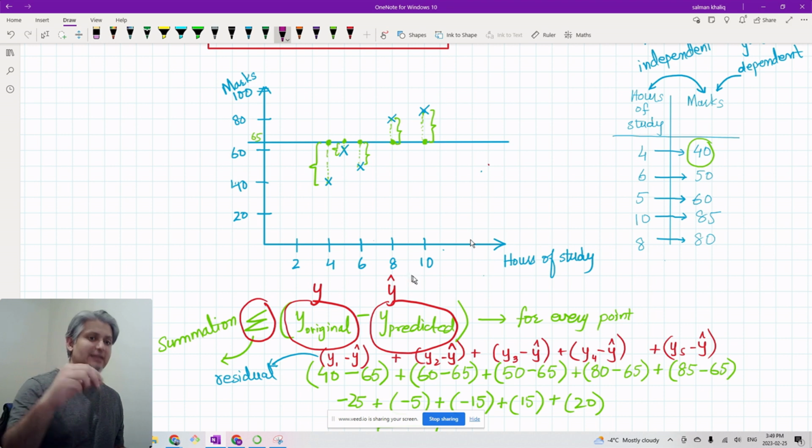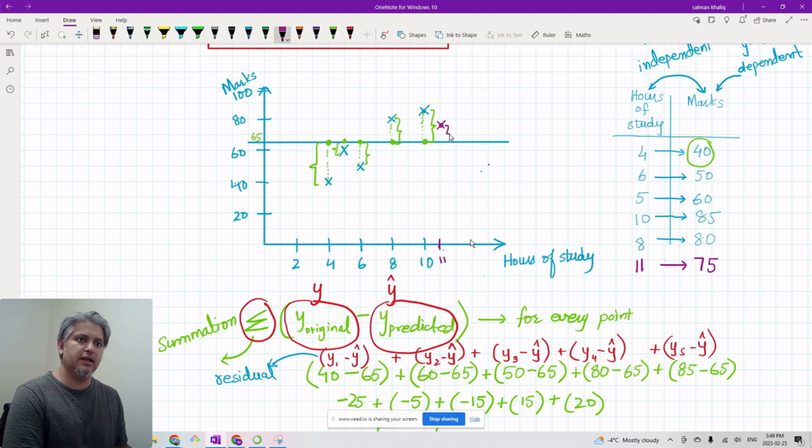Let me show you why this error is not a good error metric. Let's assume I have another data point. A student studied for 11 hours and that student got 75 points. Let's plot it here. This is 11 and this is 75, somewhere here.